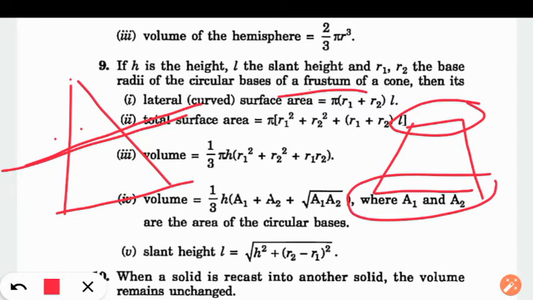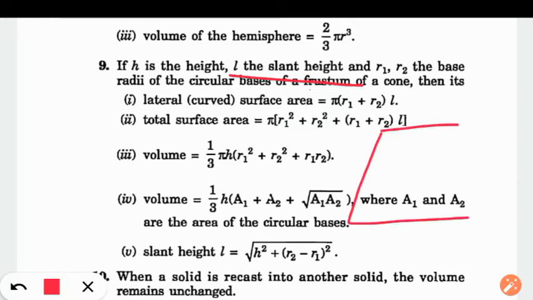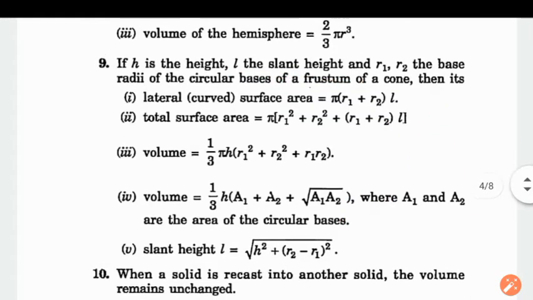See what I have written in point number 9. Let h be the height and L be the slant height, because in this figure you can see this is the height, and this one is the slant height. We have two radii, r1 and r2, the radii of the circular bases of a frustum of a cone.